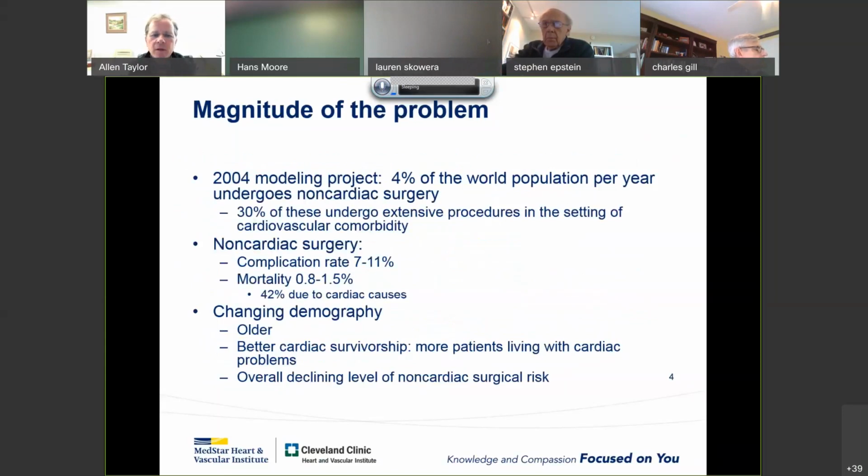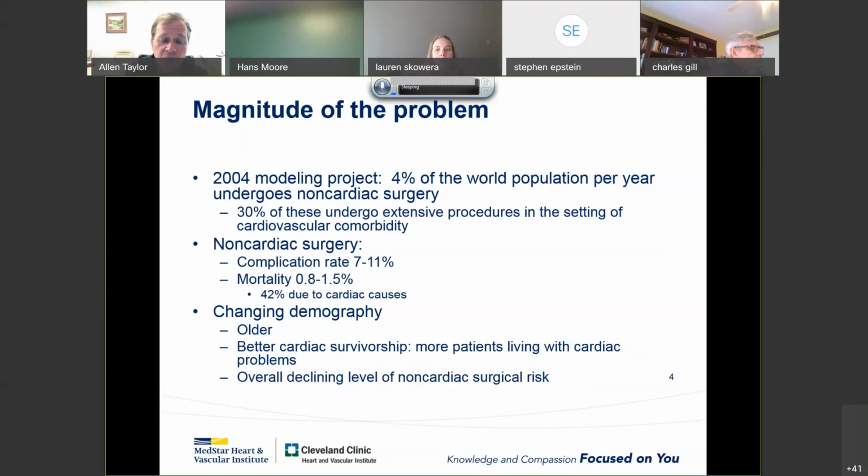To begin with the magnitude of the problem, in a 2004 modeling project, it was anticipated that each year, 4% of the world's population would undergo a non-cardiac surgery. And about a third of those are extensive procedures that occur in the setting of some cardiovascular comorbidities. And year by year, the rates of non-cardiac surgery increase.